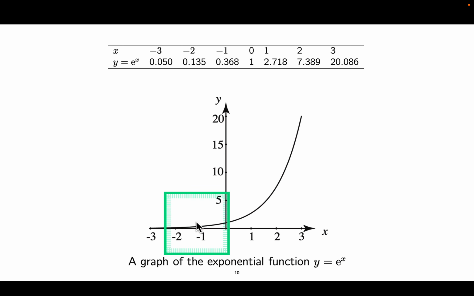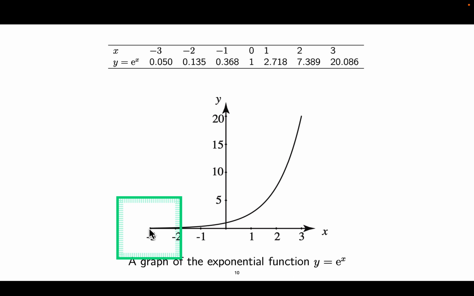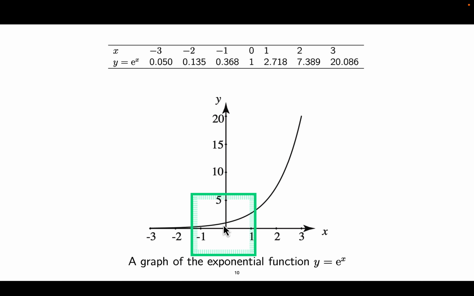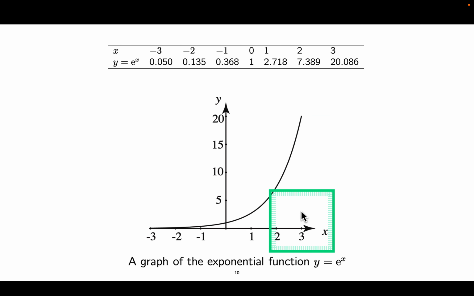So this is how the graph looks. For example, at x equal to minus 3, it will start from 0.05. So when x is minus 3, the y value is very low, 0.050. Then it goes to 0.135368. Then at x equal to 0 it becomes 1, and then it goes up, and at 3 it is 20.6.